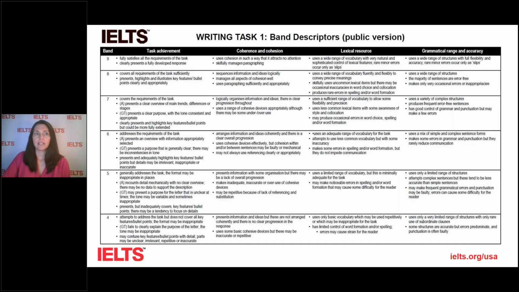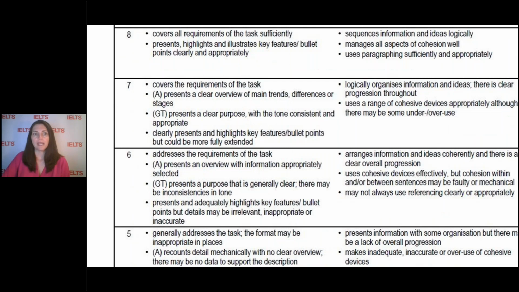And for the 4 different areas, you'll see the different band scores here, and the descriptors that kind of describe what that writing shows you're able to do. And you'll notice the A and the GT. A refers to academic and GT refers to general training. So if you don't see A or GT next to it, it refers to both of the tests.